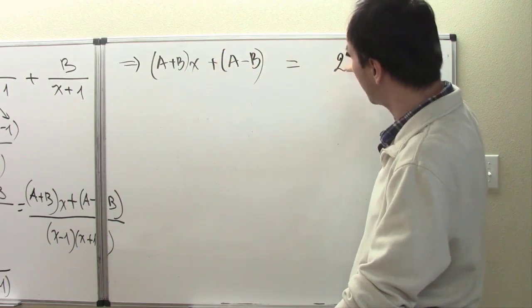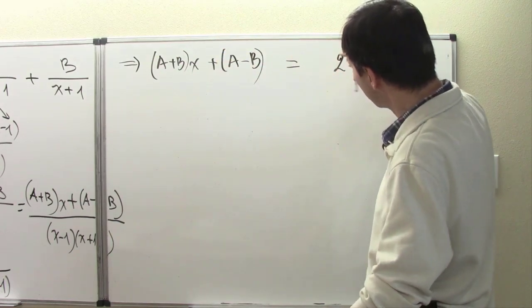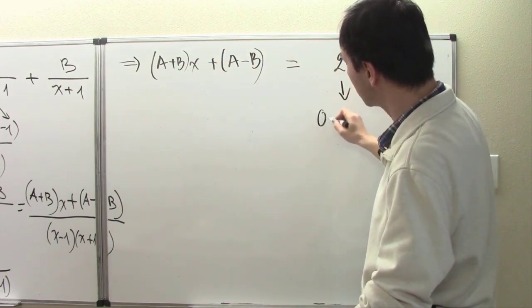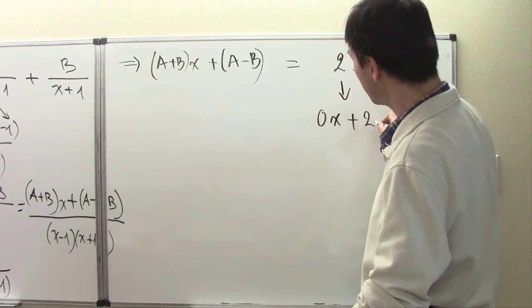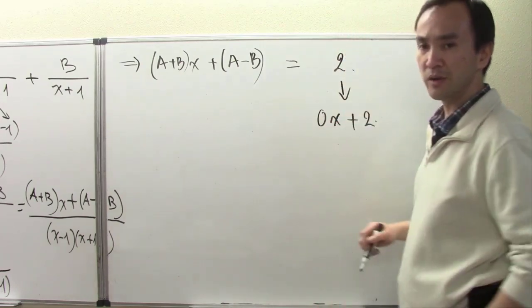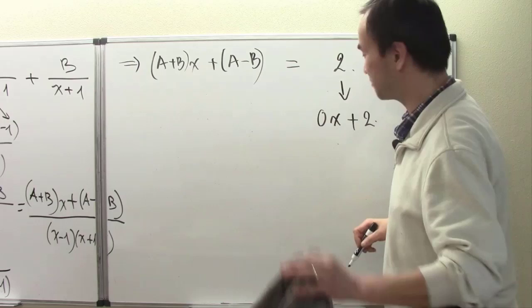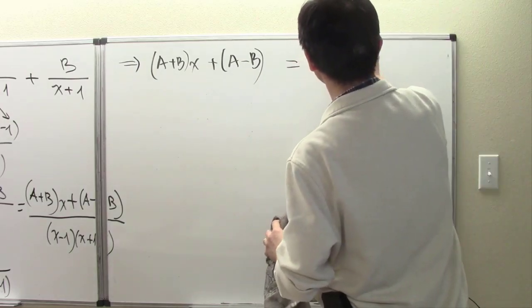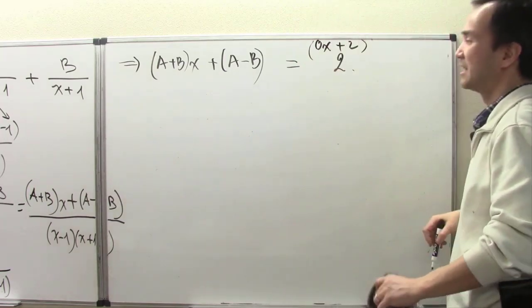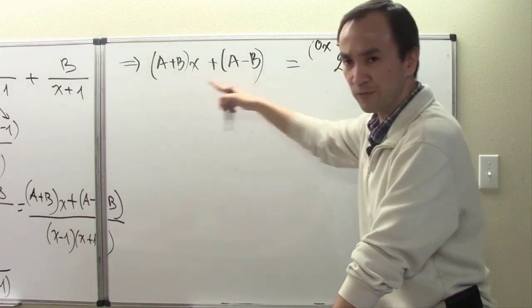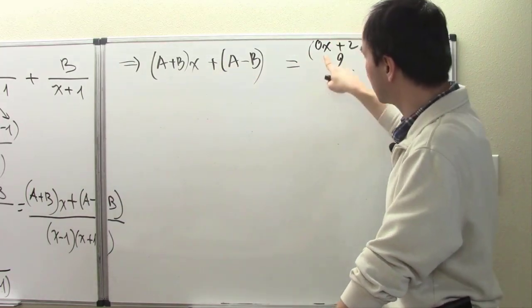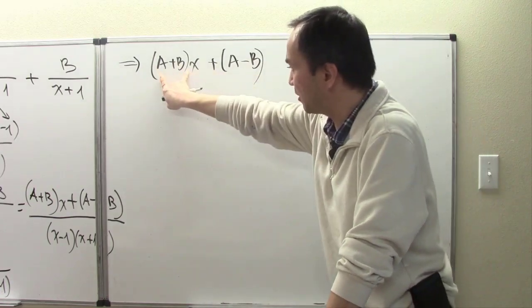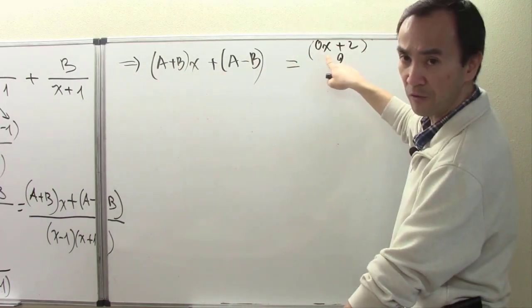polynomial to equal another polynomial, think of this 2 here as a polynomial being 0x plus 2. That's how you think of it. 0x plus 2. I need more space, so I'm writing it like that. So now the only way for two polynomials to equal is that their coefficients match. So a plus b has to match with the 0 coefficient.